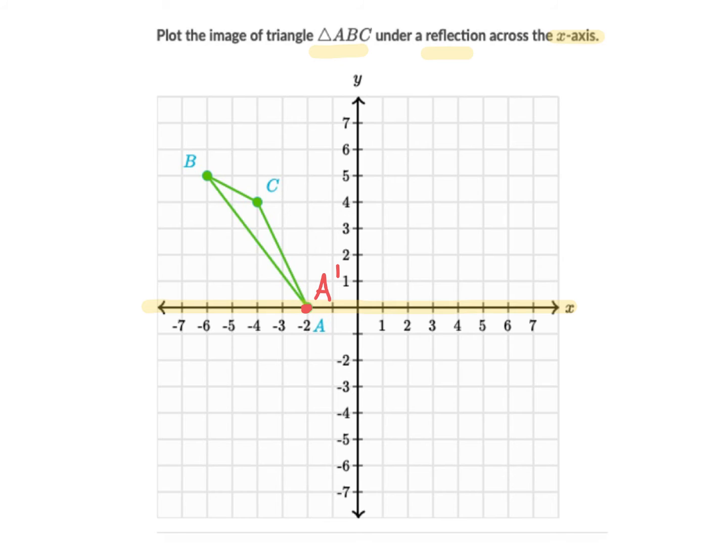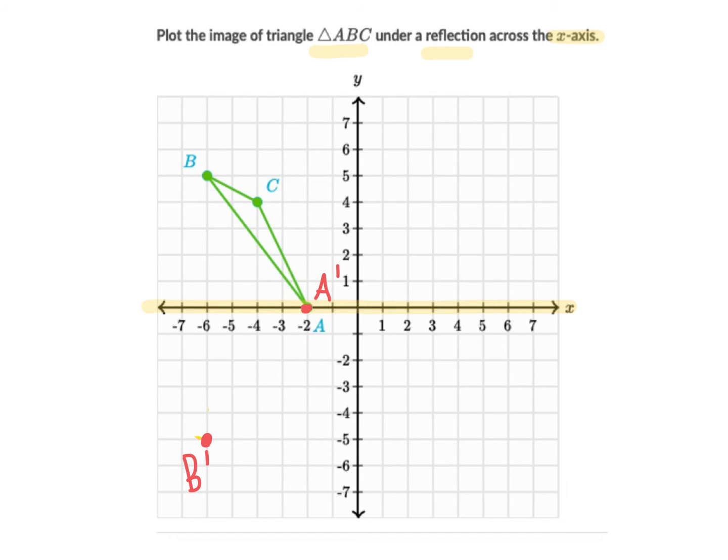Moving on to B, since B is at -6, +5, it's 1, 2, 3, 4, 5 places away from the x-axis. We reverse that and go 5 places down, and we would plot B prime right here.